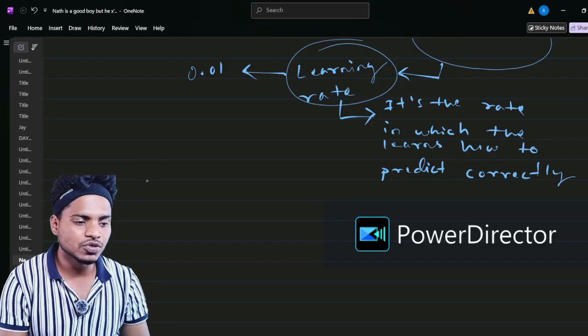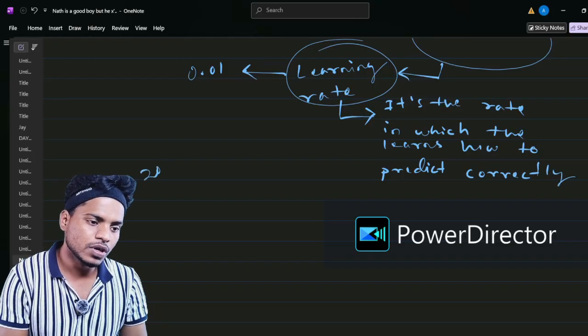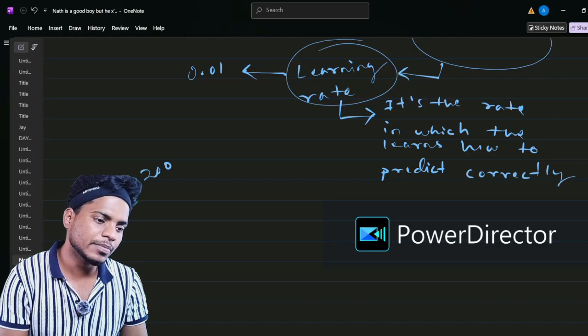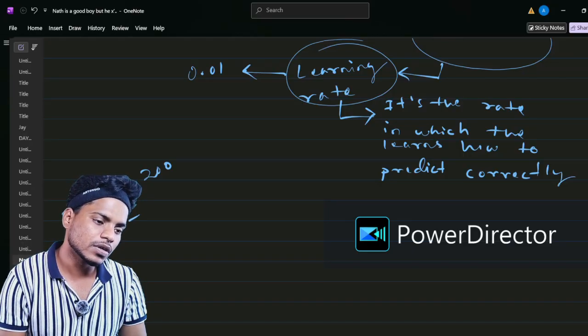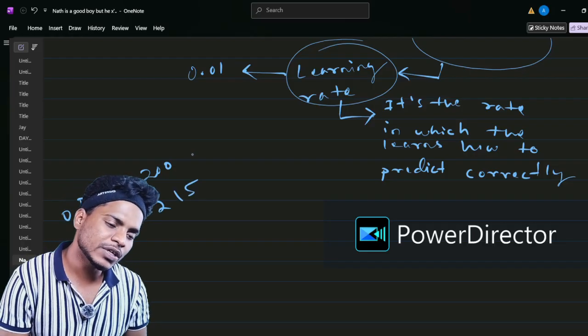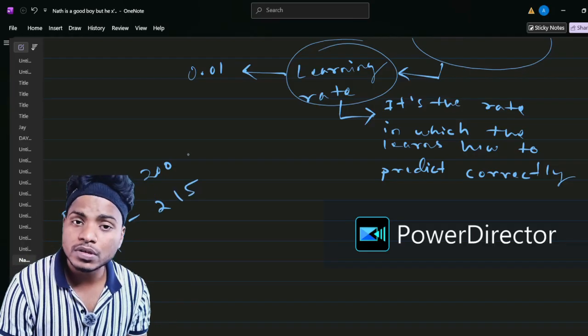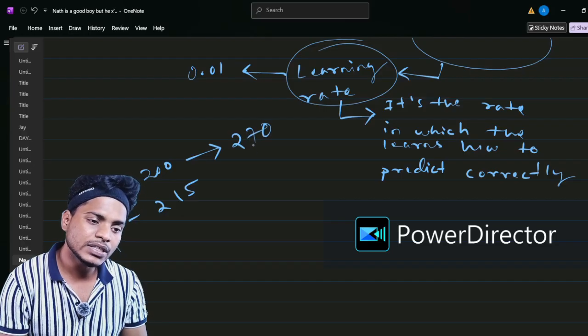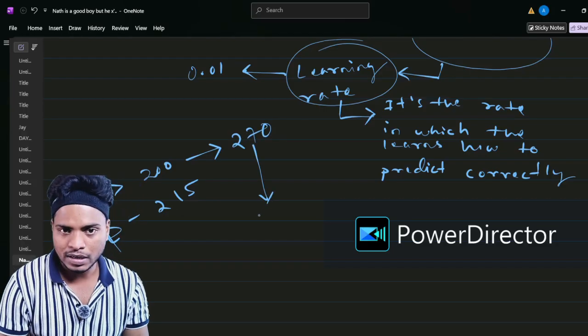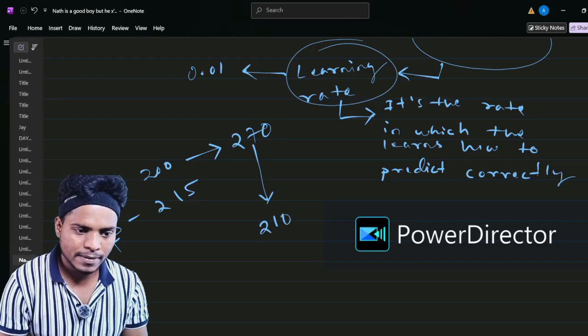Now, suppose my actual opening price was 200, and the closing price was 250. I want to predict tomorrow's opening price. When I predicted, it was 270, but when I matched that with actual data, it was 210.